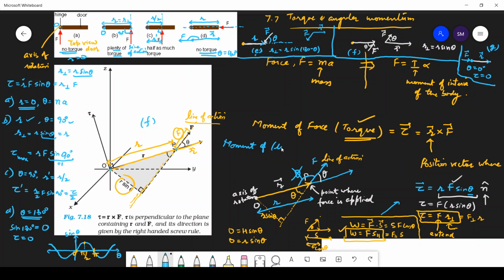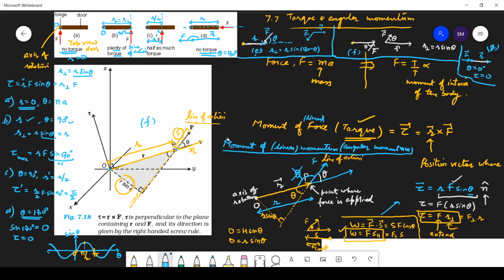Here of course the force was also linear force.